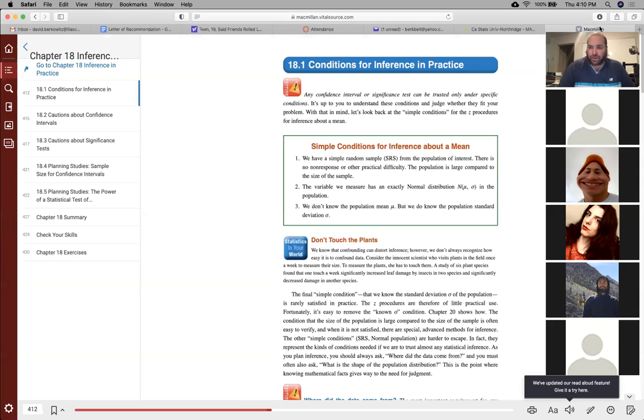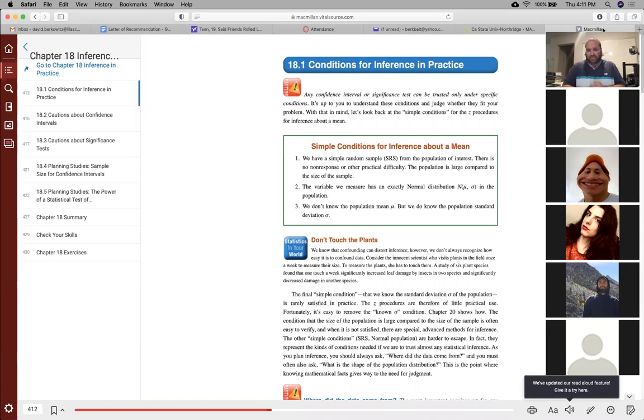So 18, right? We have these hypothesis tests, we have these confidence intervals. In both situations, the goal is to take your sample and infer information from the sample about the entire population. And there are conditions that must be satisfied before you're allowed to do that.